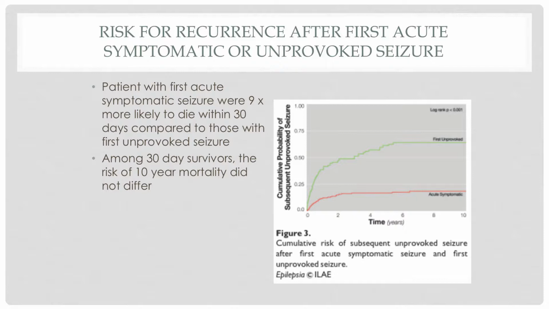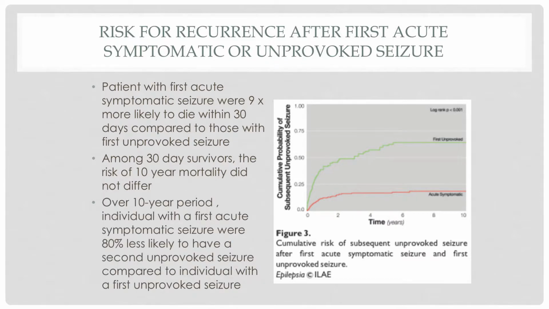But if they manage to survive after a month, the risk of mortality at 10 years is no different than patients who were admitted for unprovoked seizure. But the interesting thing is that the risk of having seizure in 10 years is 80 times less than people who have unprovoked seizure on admission, which is pretty interesting.